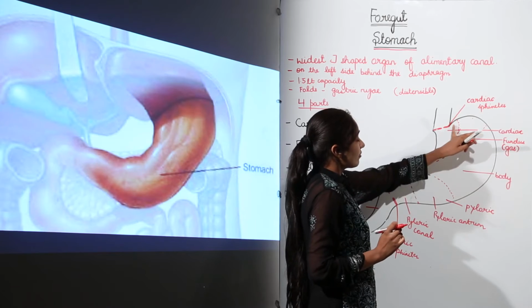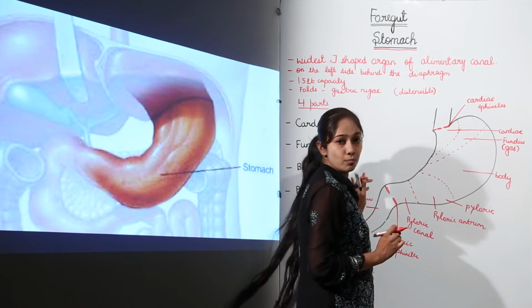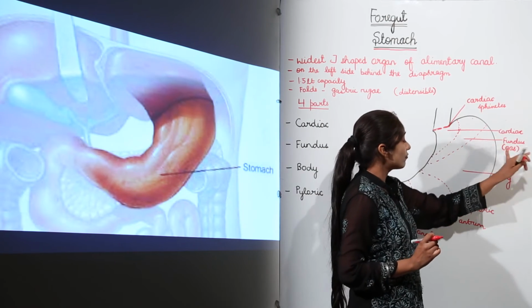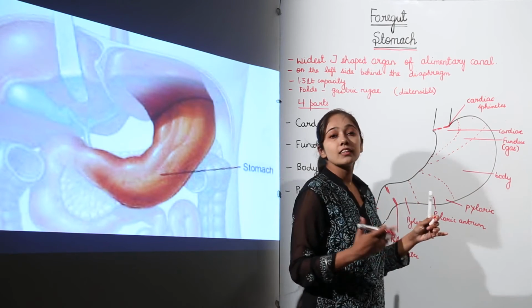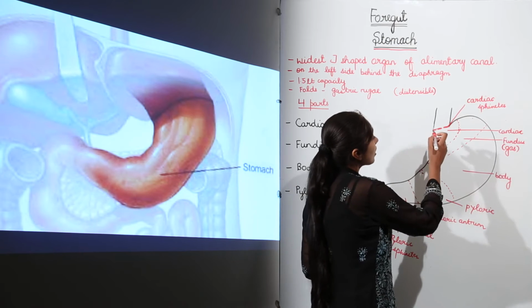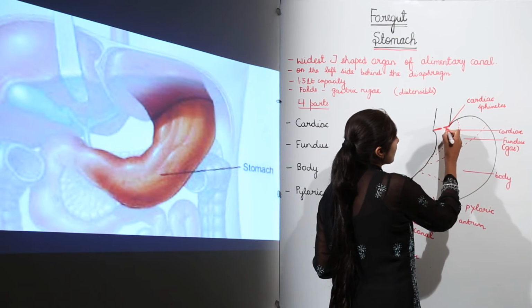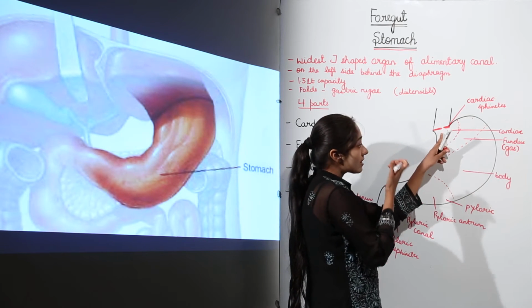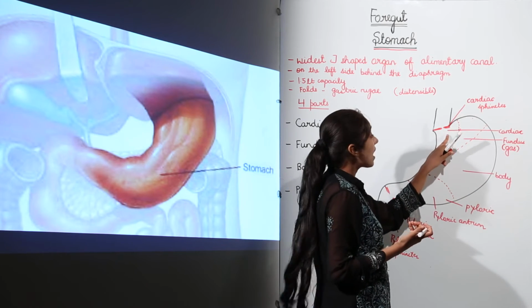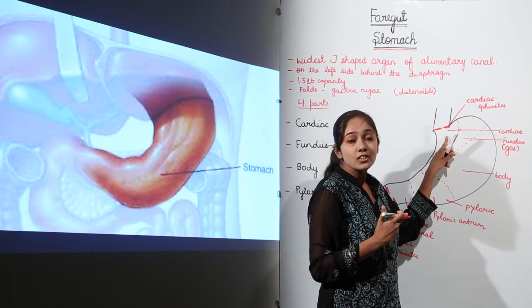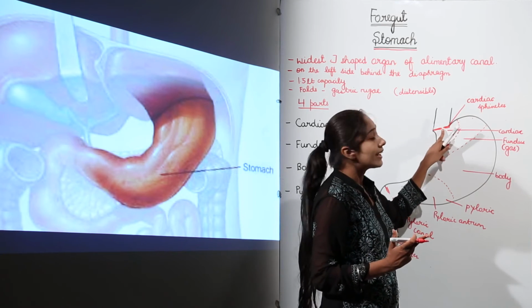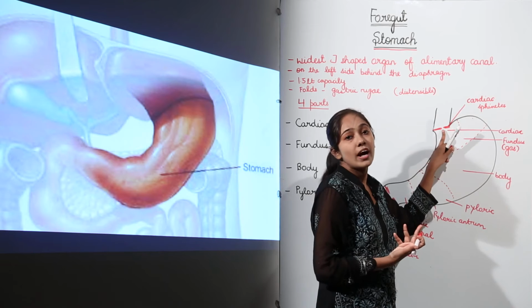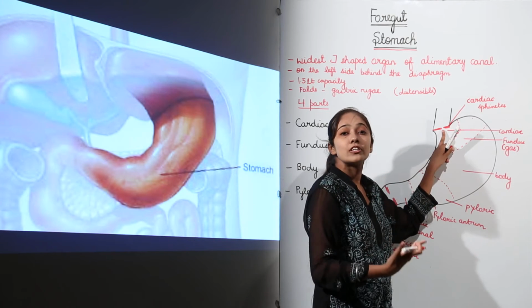Now, I told you that the stomach has 4 parts, right, cardiac, fundus, body and the pyloric part. Let us see what are the functions. When we talk about the cardiac part, why we call it as cardiac? Because this part is near to heart. That is why we call this part as a cardiac part. And there is a cardiac sphincter. The other name of cardiac sphincter is gastroesophageal sphincter.